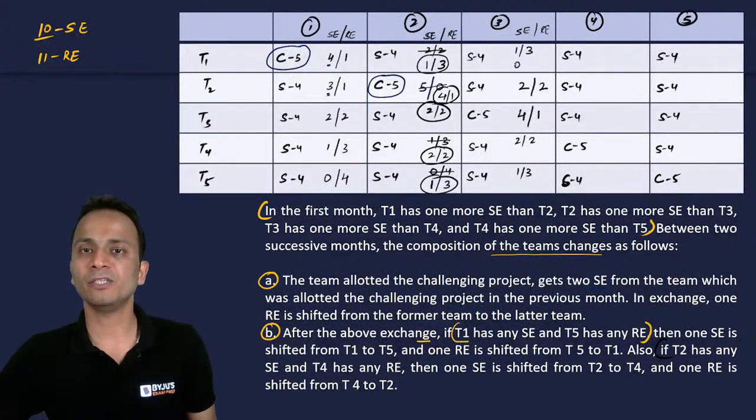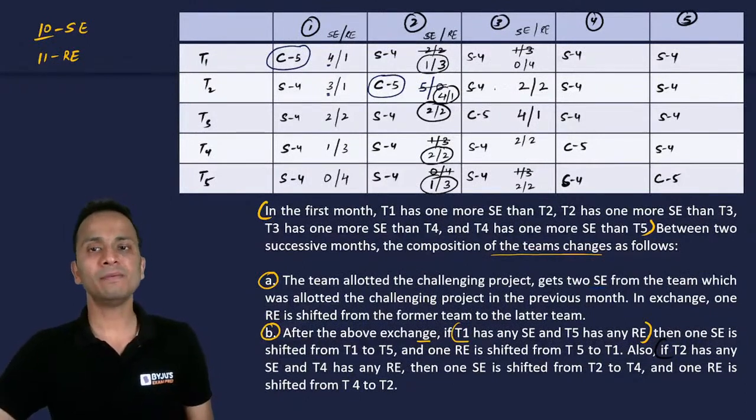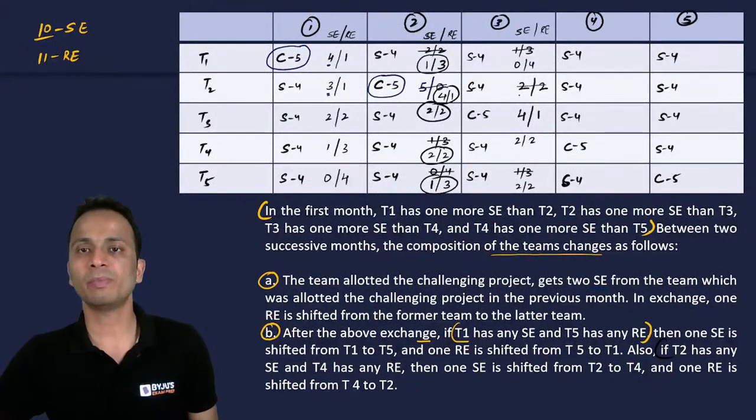So here 0,4 instead of this, and here 2,2. The same thing will happen between team 2 and team 4. So this will become 1/3. Okay, and this will become 3/1.